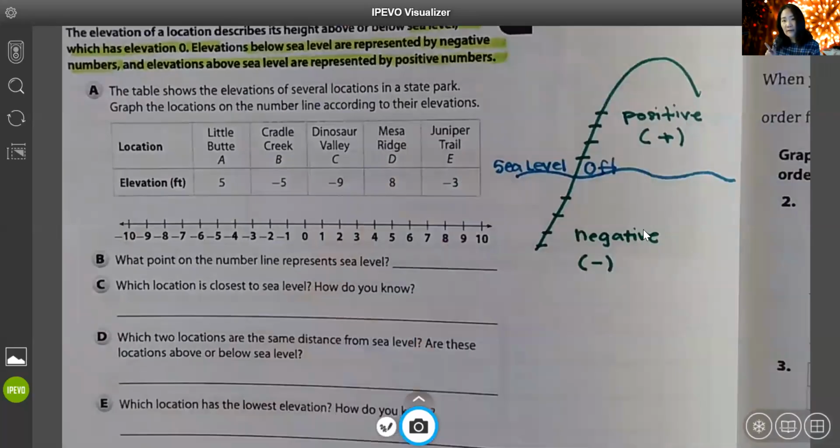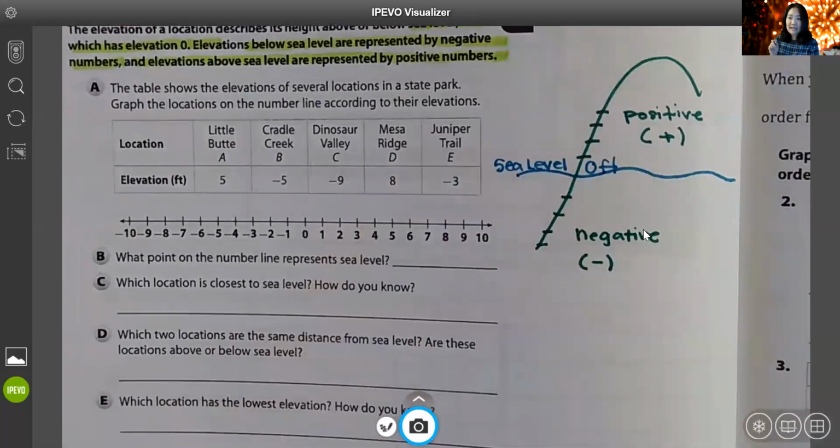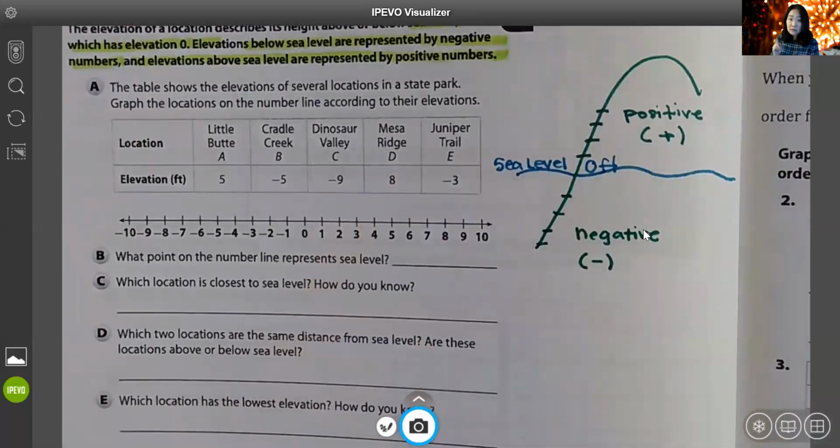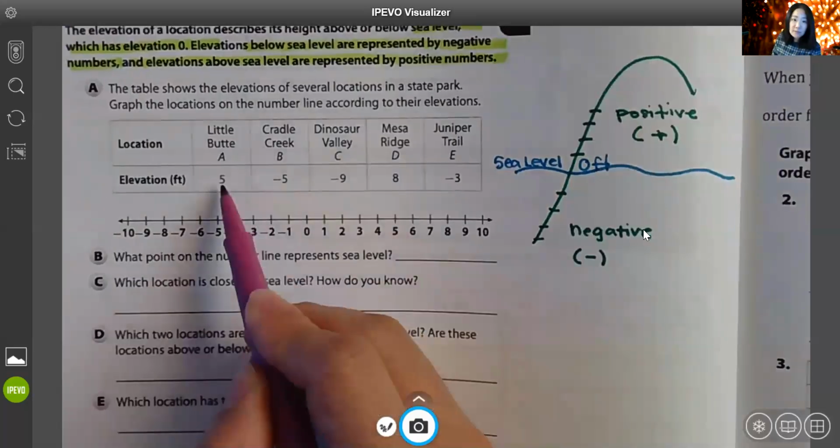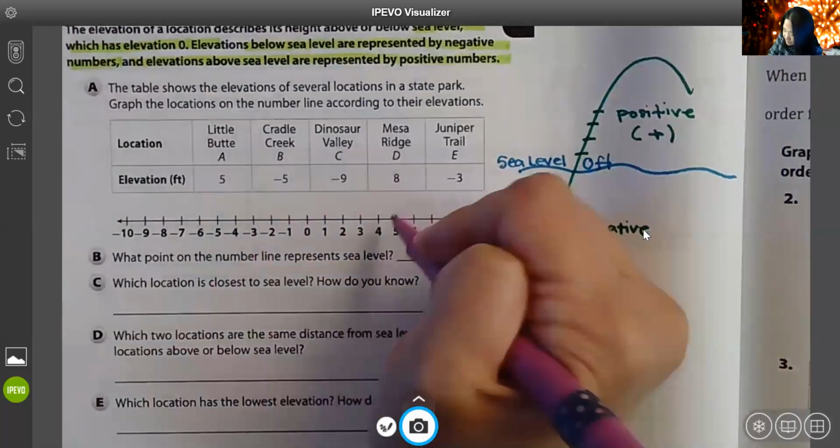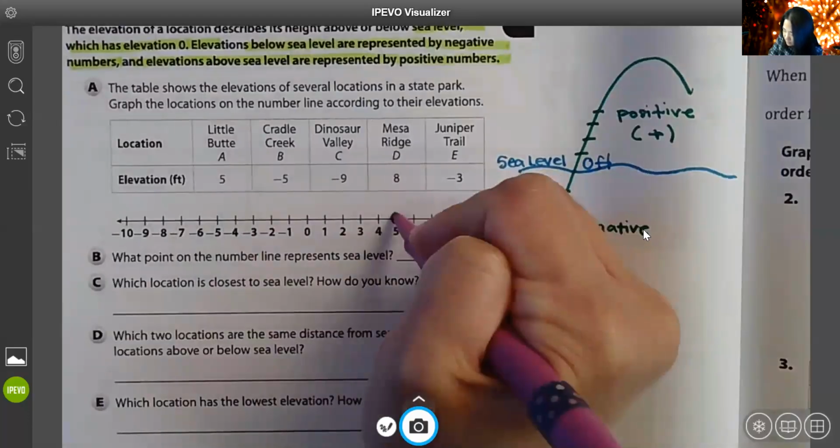Remember, when you're graphing points on the number line, it has to be a closed circle for most of the time, right on the number line. Point A is at +5. So you go to 5, right here, and do a circle.